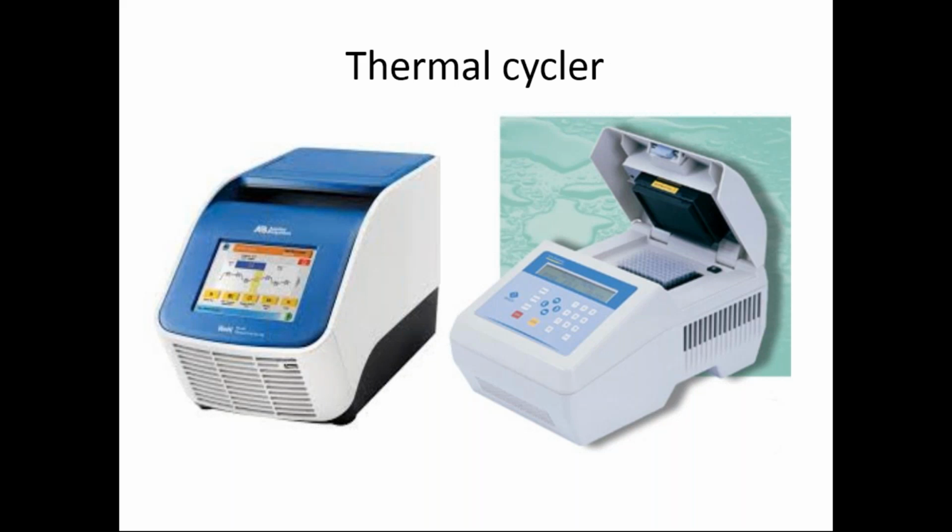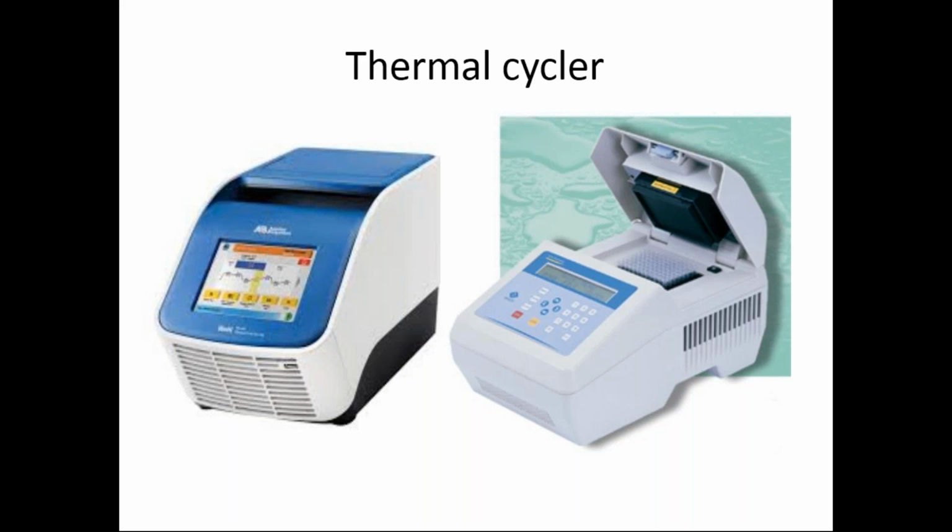This machine is very sensitive, and it provides the temperature to the master mix as per our protocol. It may range from 94 degrees Celsius to 50 degrees Celsius. So with the proper information, we design our protocols as per our requirement, keep the vials into the thermocycler machine, and run the PCR reaction.